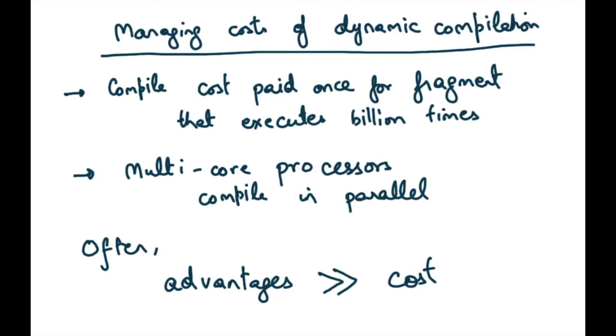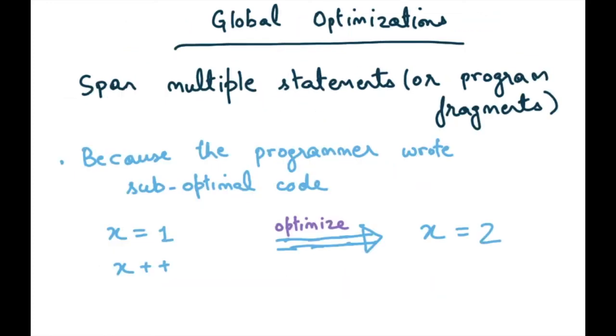However, just-in-time compilation is more prone to programming errors because it is a more complex system than a static ahead-of-time compilation system.